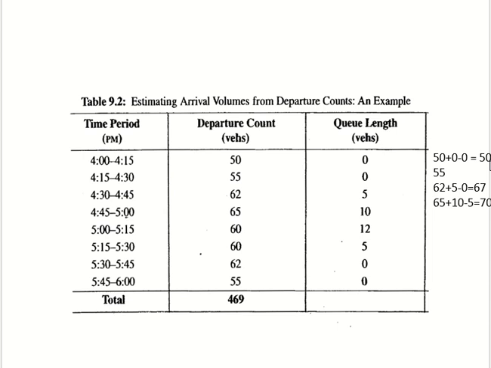Because no Q now, no Q before. Same thing happens here, so the last value should be 55. And the total here is 469. If I do the total of this column, it follows the same rule: if there is no Q, arrival and departure are the same. Clear? Okay.